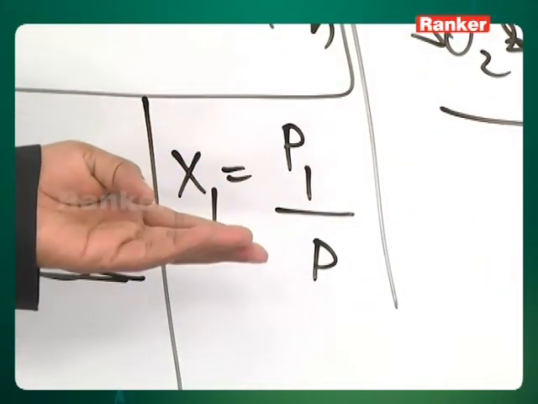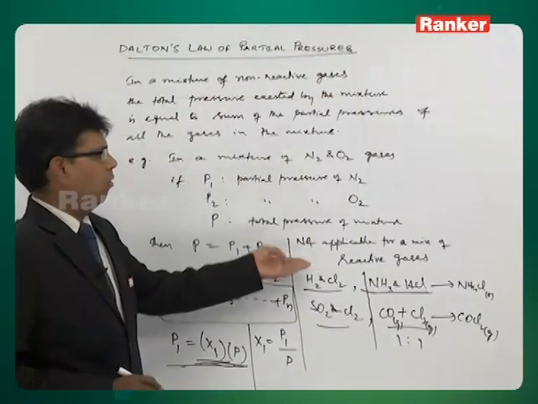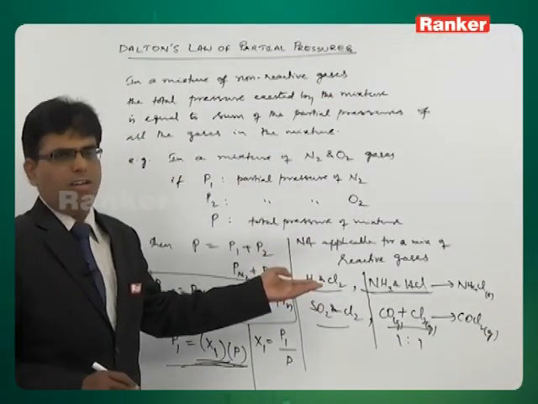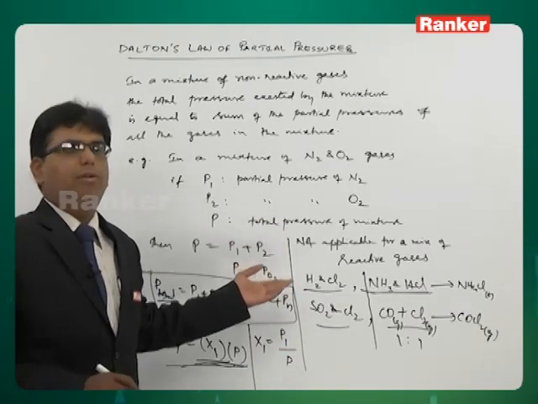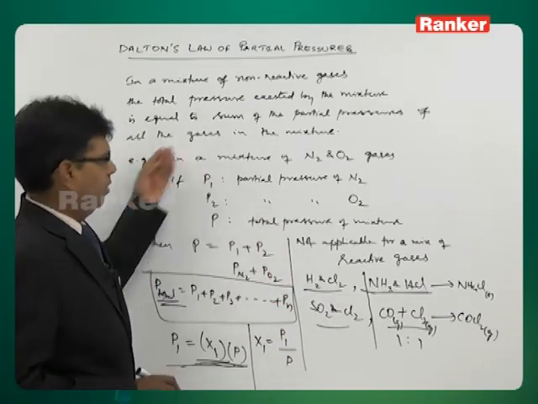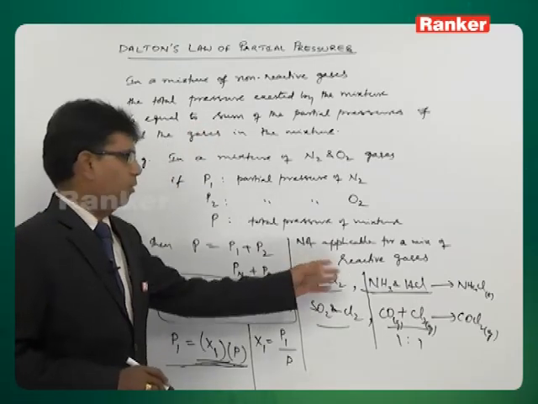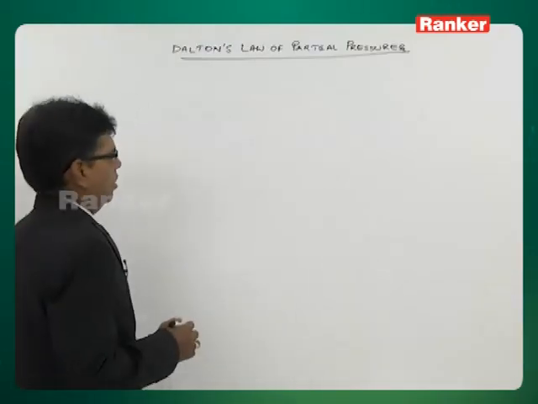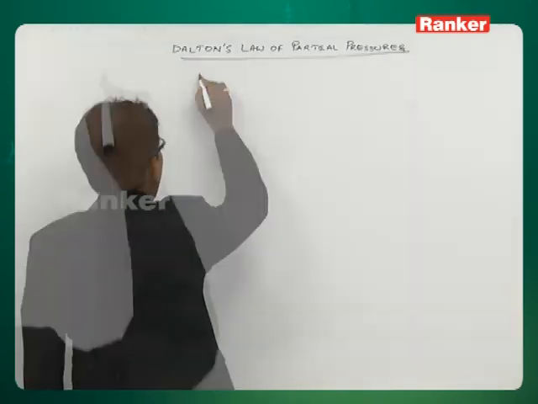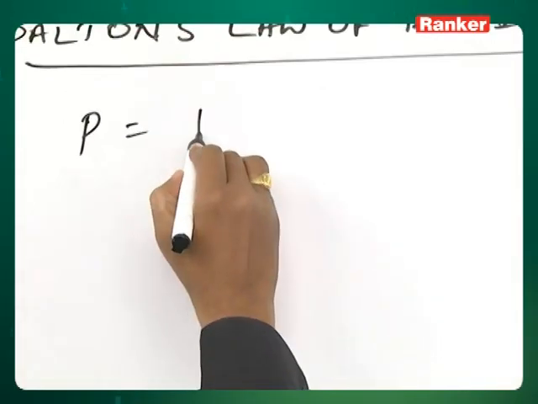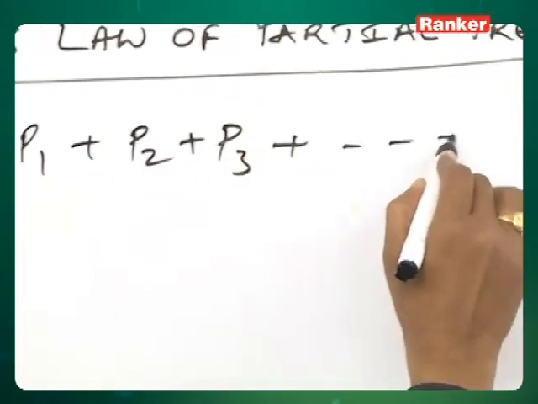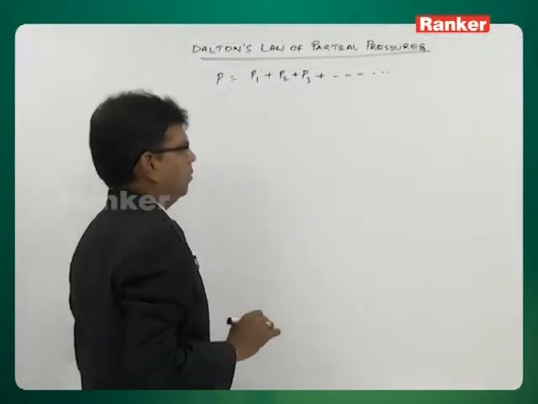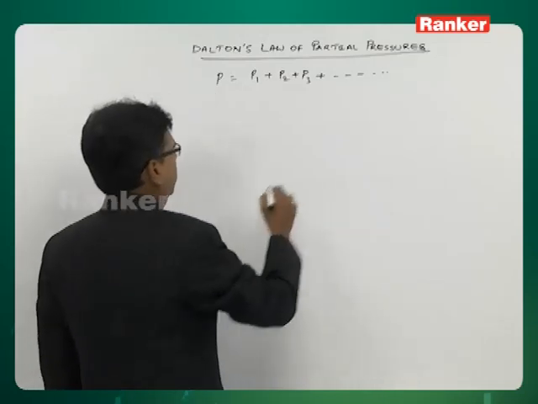Now, what more conclusions can we draw from Dalton's law, what are its applications, and what more can we derive from it? Let us look into it. Total pressure is equal to P1 plus P2 plus P3 etc. for a mixture of all the n number of gases.